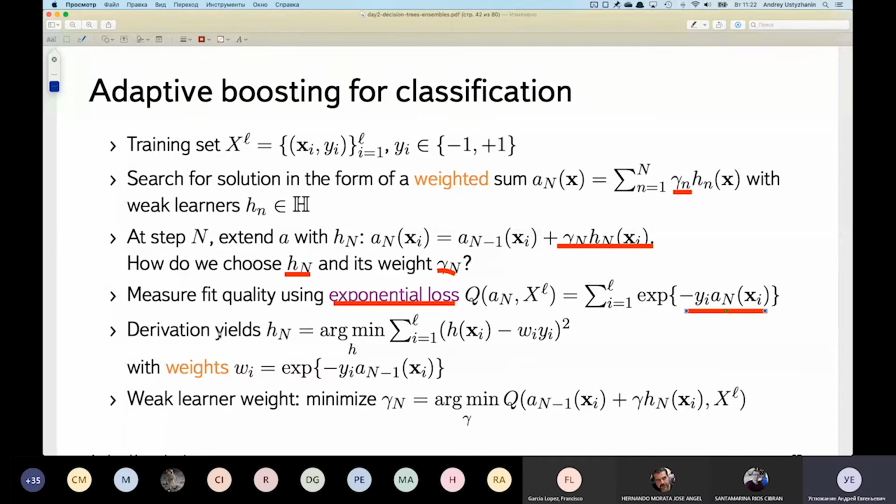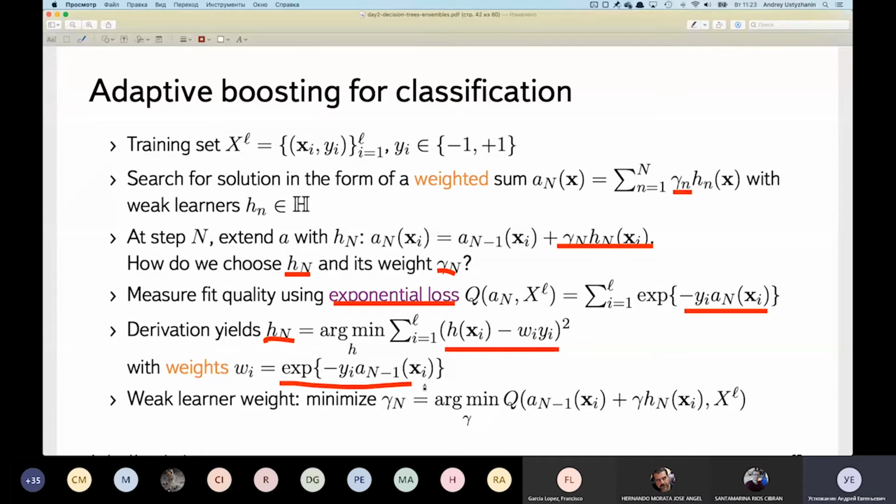If we want to minimize this loss, we can take a derivative, and out of these derivatives, we can conclude that the best learner is the one that minimizes the mean squared error with weights wi.